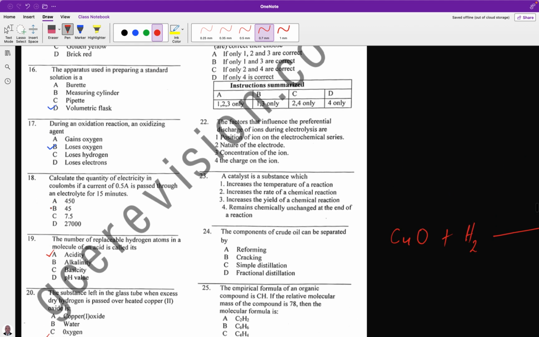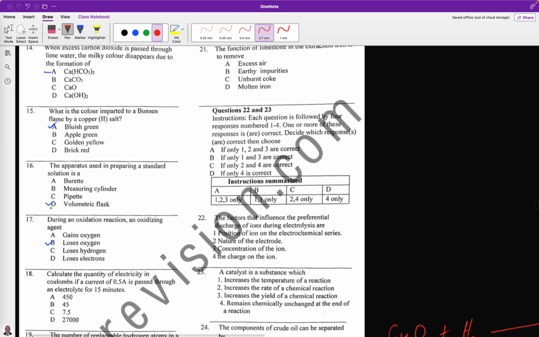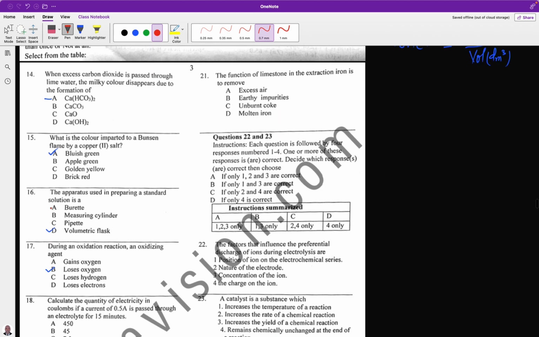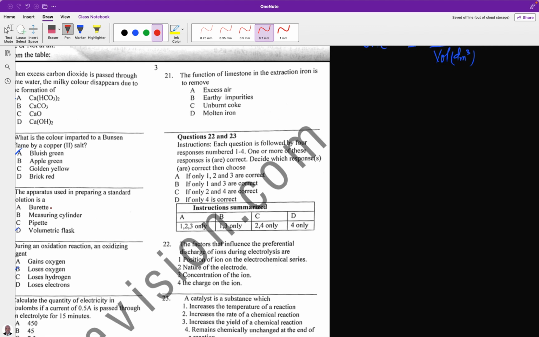Let's go to question number 21. The function of limestone in the extraction of iron is to remove excess air, to remove earthy impurities, to remove unburnt coke, or to remove molten iron.